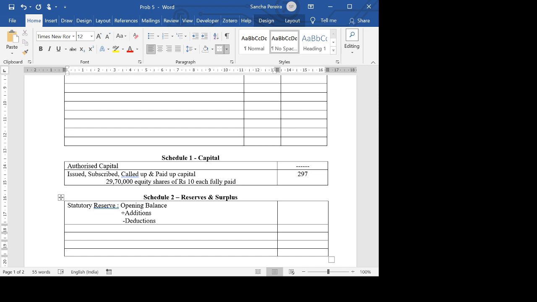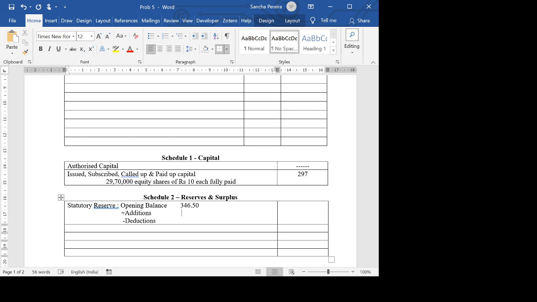The opening balance of the statutory reserve is 346.50. Please don't round up these figures. They are not decimal points, it's just because the figures are in lakhs. 346.50.